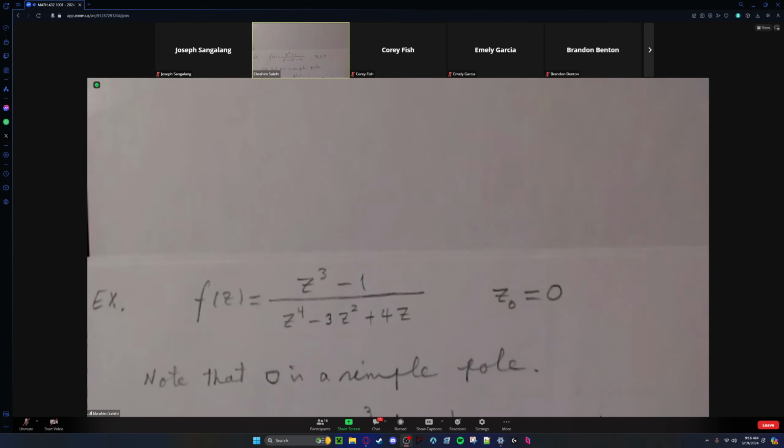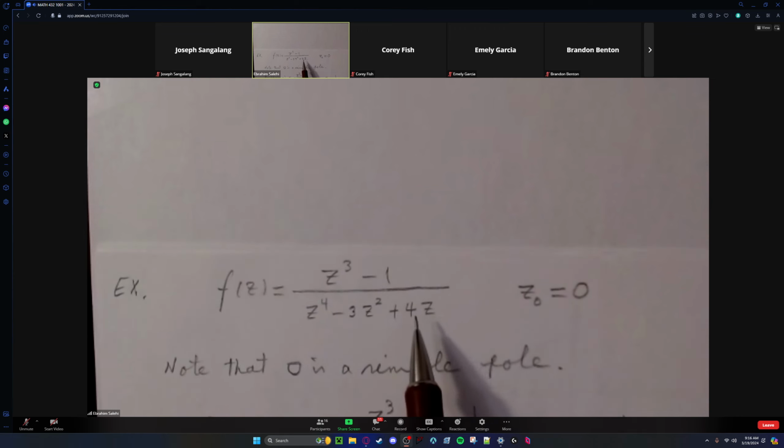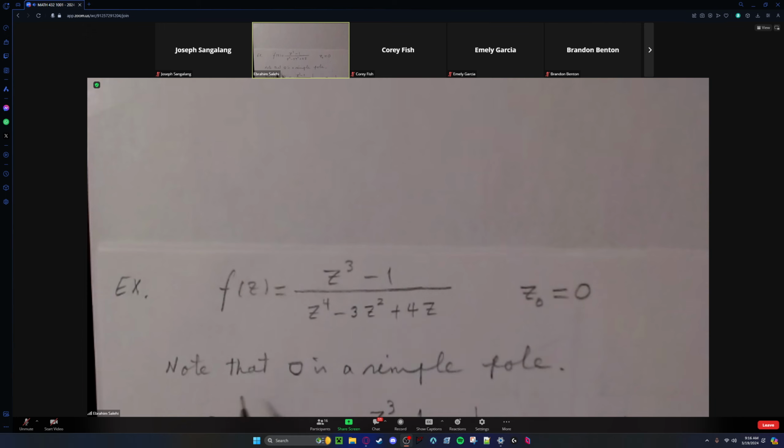Here's another example. z equals 0 makes the denominator 0. There might be some others, but at the moment I would like to find the residue at 0, which is a simple pole.